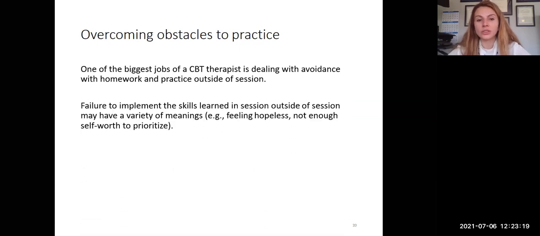There are some major obstacles to doing CBT, and that has to do with really the amount of avoidance that the substance use disorder population comes into session with. There really tends to be a lot of experiential avoidance, emotional avoidance, and homework and things like that can really fall to the wayside.